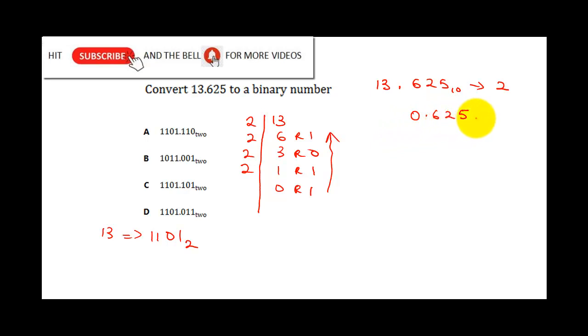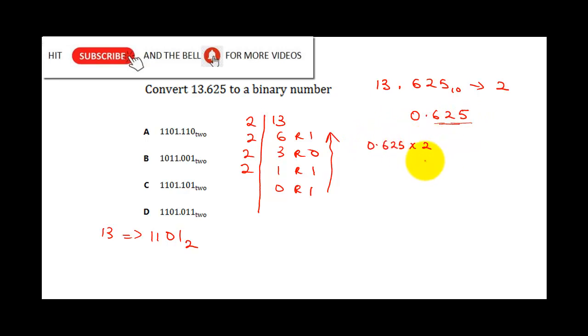Now, in order to convert 0.625 base 10 to base 2, what we will do is keep multiplying this by 2 until we get this part of the equation to be 0. So we're going to do 0.625 multiplied by 2.